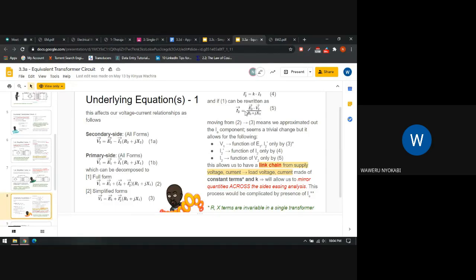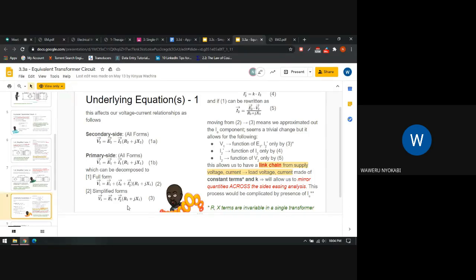Because we have that, and we have this relation, you can even come here, and replace I2 prime with KI2, and then you replace the I2 with this. So when the I0 is not there, we can easily have the relation between V1 and E2 and V2. So we can easily have that.